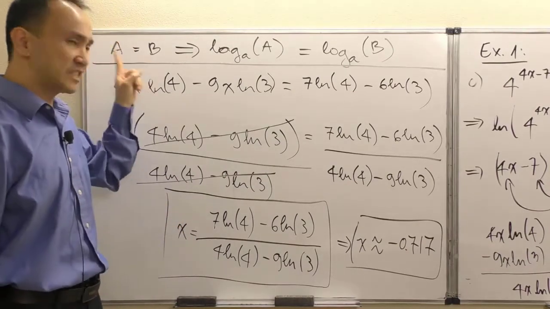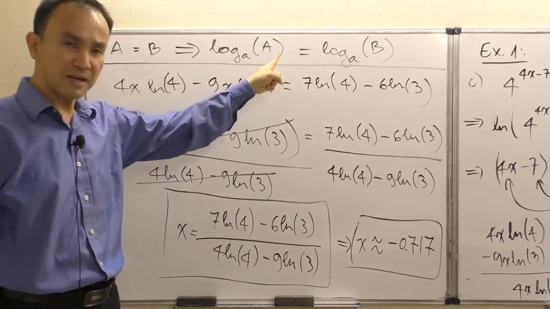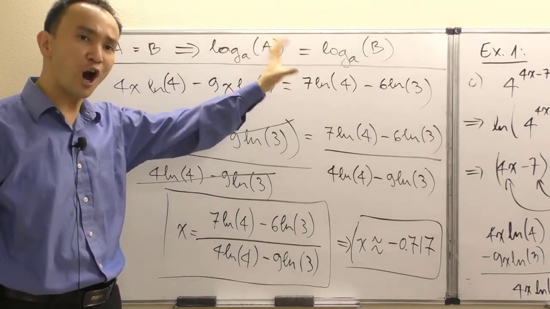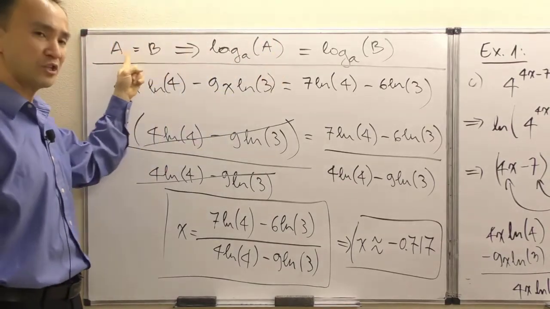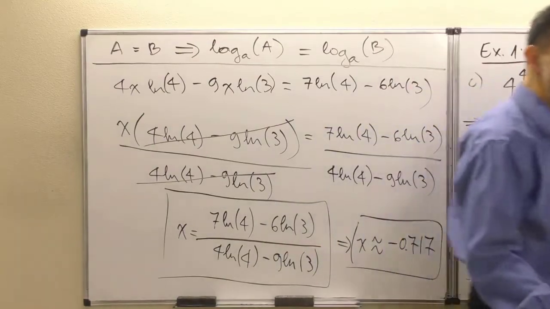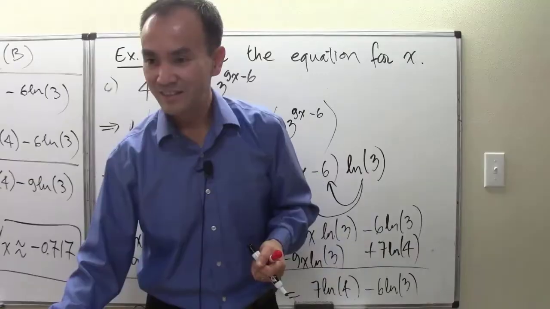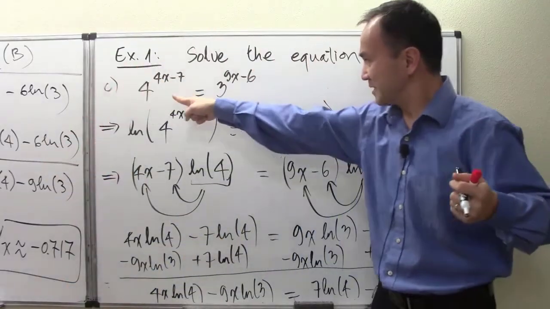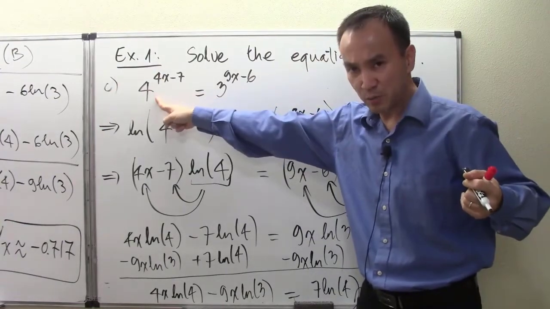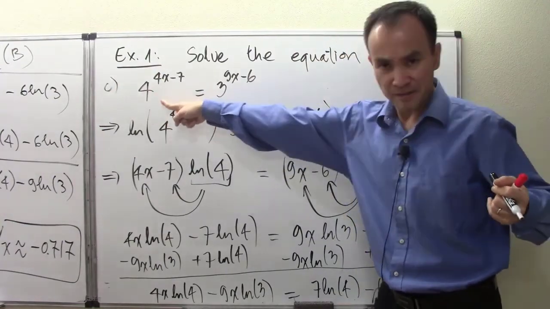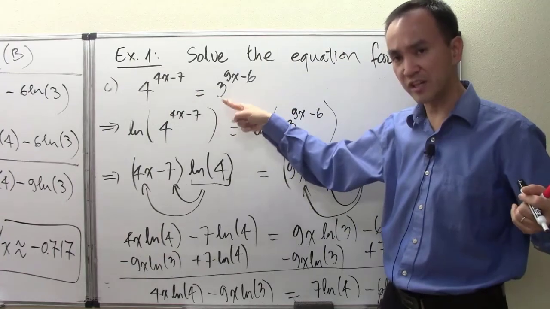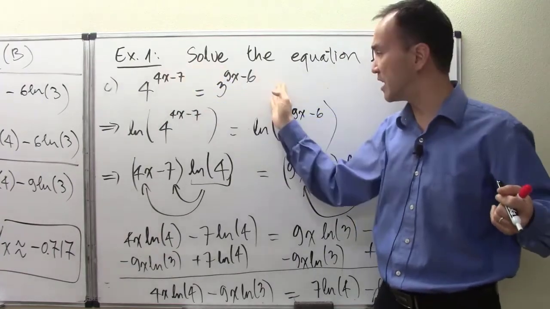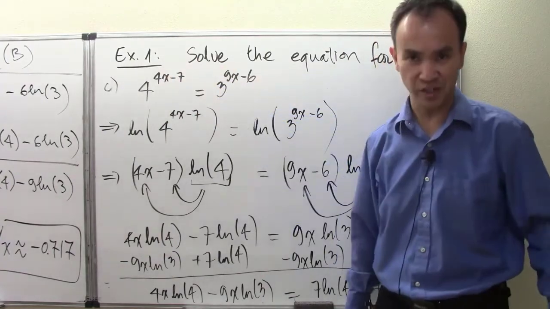Essentially, this method is particularly solid for those equations where there is one exponential term on the left hand side and only one exponential term on the right hand side, with no constant term involved on either end.